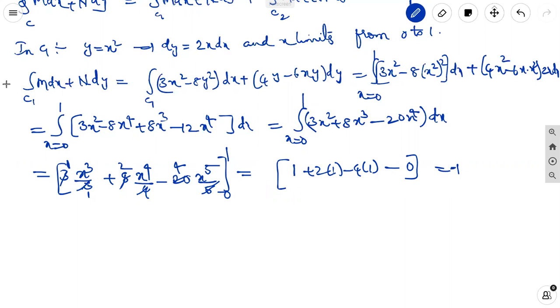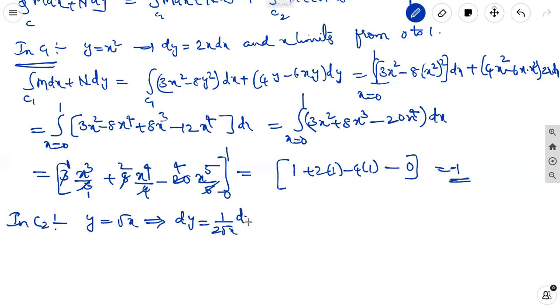In C1, the line integral over C1 is minus 1, and now we can calculate in C2. In C2, the curve is y equal to root x. From this, dy is equal to 1 by 2 root x dx. Is it clear?